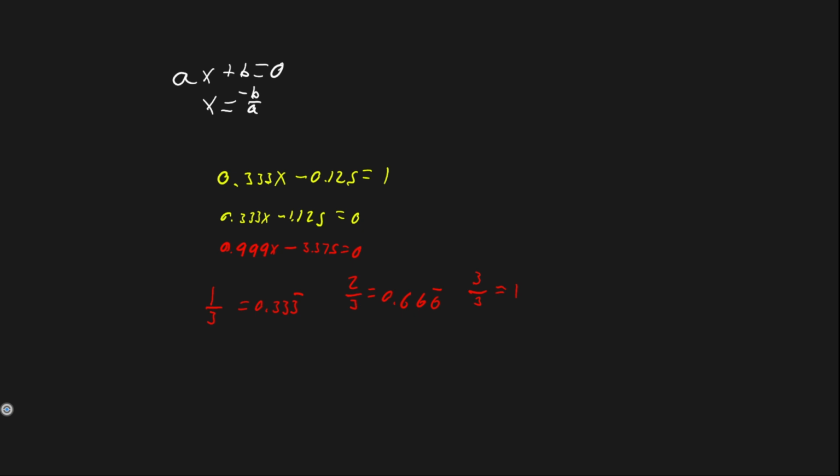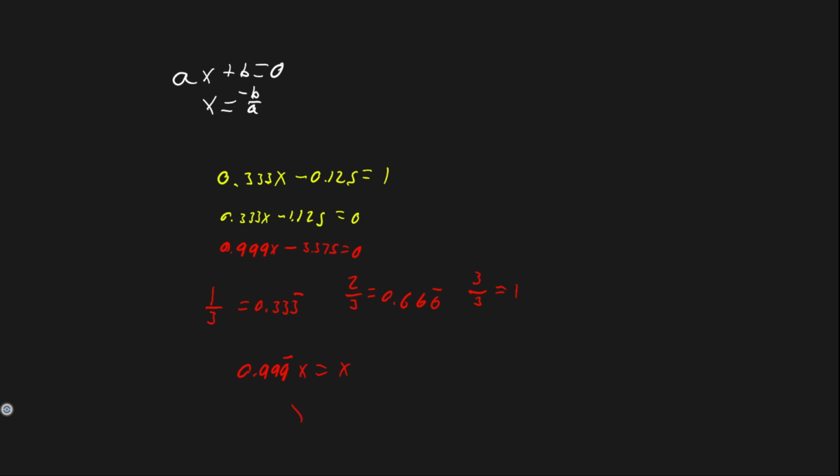So with that, we can basically say that 0.999 repeating x is equal to x.